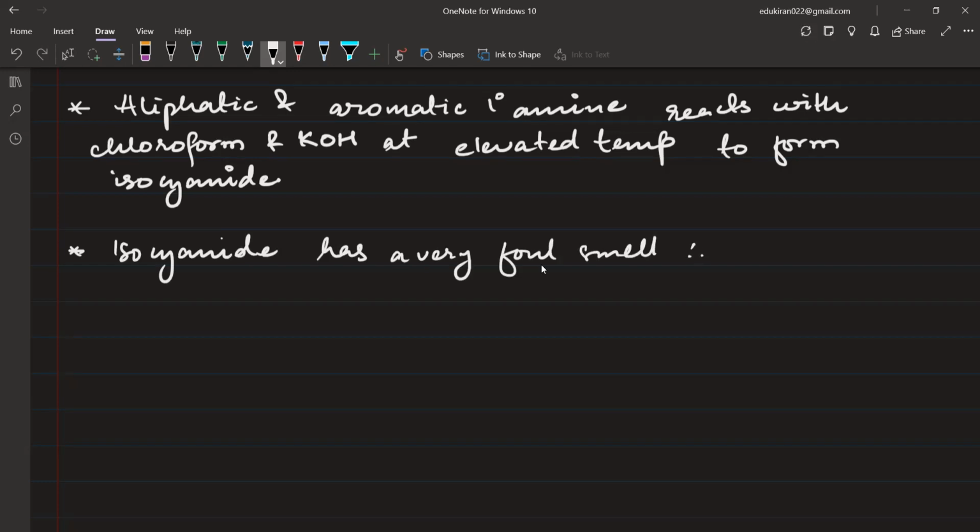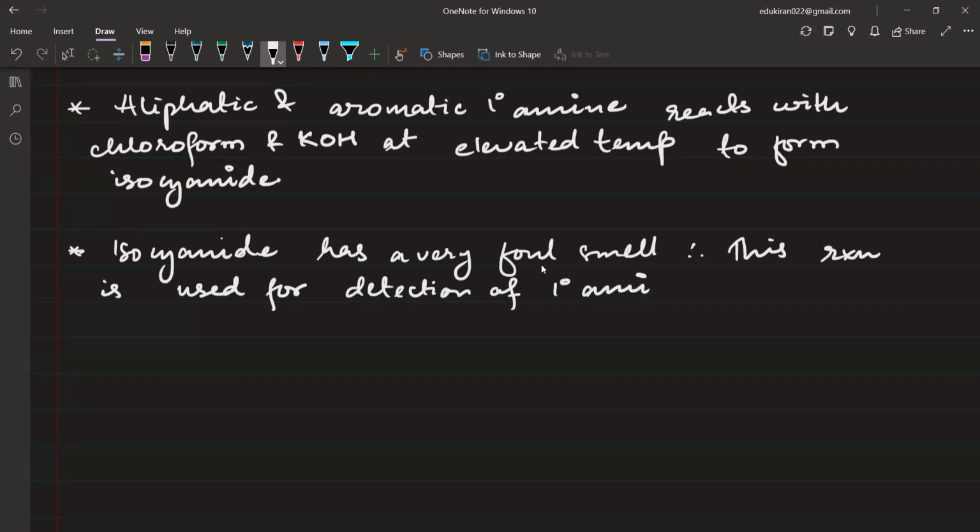Therefore, this reaction is used for detection of 1 degree amines. Right, next.